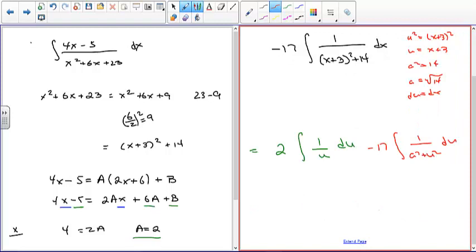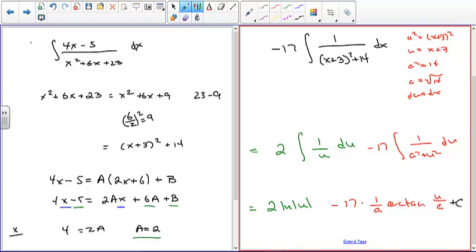So then once you've integrated this stuff, the first one you'll get 2 times the natural log of the absolute value of u, and for the second part you'll get negative 17 times 1 over a times the arctangent of u over a, and then we'll have plus c for both of them.